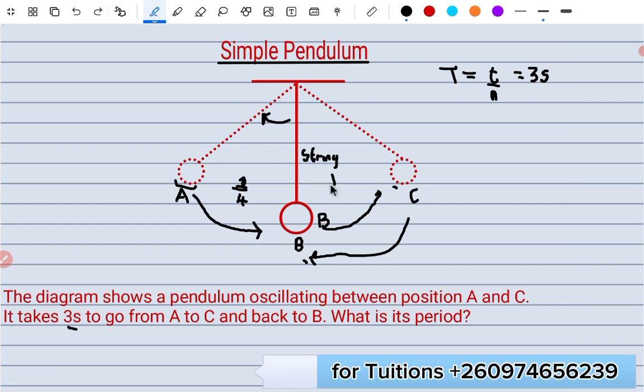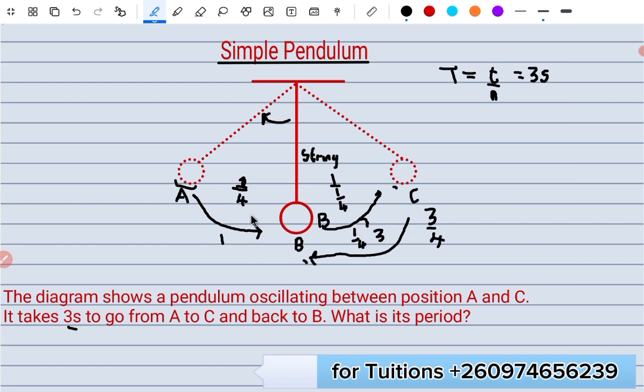So if this is a quarter again, also this is a quarter again. So you can say A to B to C and back to B. This was actually 3 quarters. 3 over 4. So you just count here 1, here 2, coming back 3. So that's how you get 3 over 4.